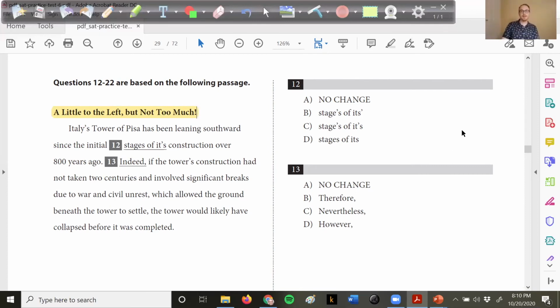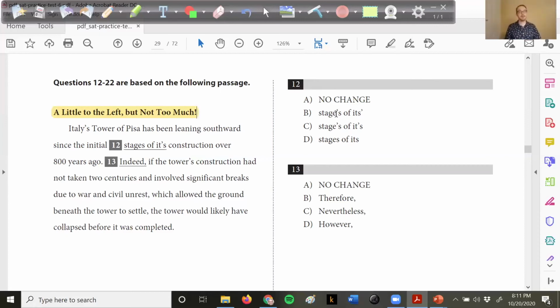Now, if you know your apostrophe rules, you'll know that for a word like stages, an apostrophe could either be possessive, like if we were talking about a stage you were performing on, and we said the stage's floorboards are cracking. Okay, so that would be the floorboards belonging to the stage. That's possessive. Or it can be a contraction.